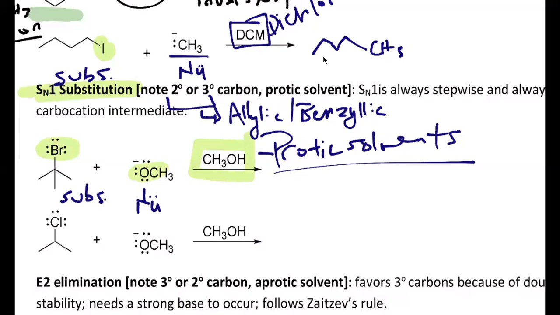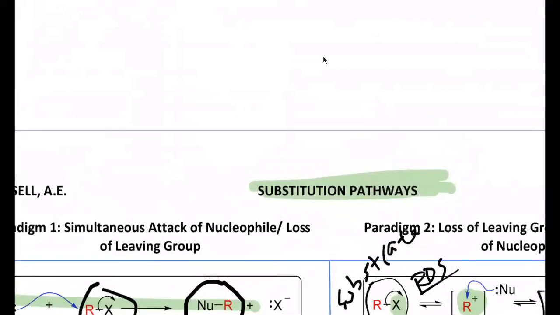And for the product, that's the substitution product plus bromine, Br minus. I'm going to add a page in right quick so I can go through that mechanism without having to squeeze it in somewhere.